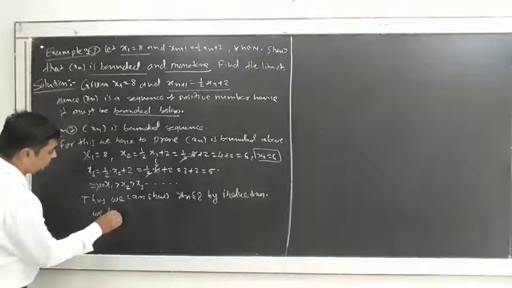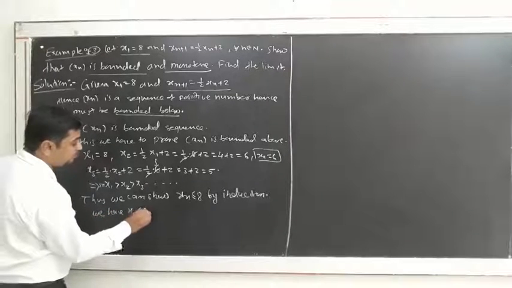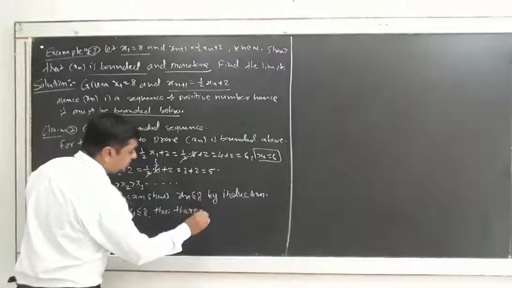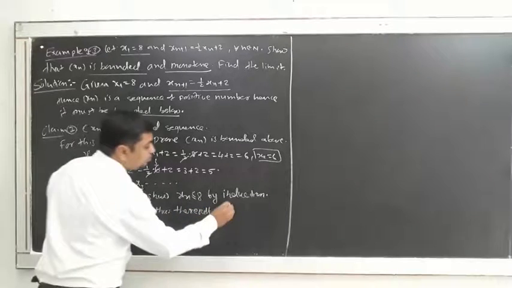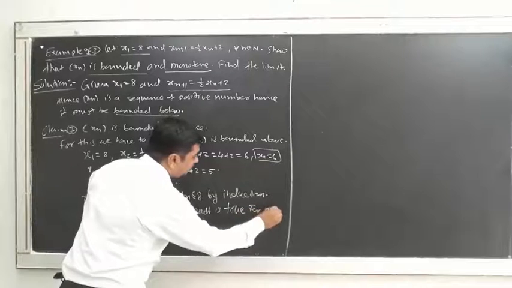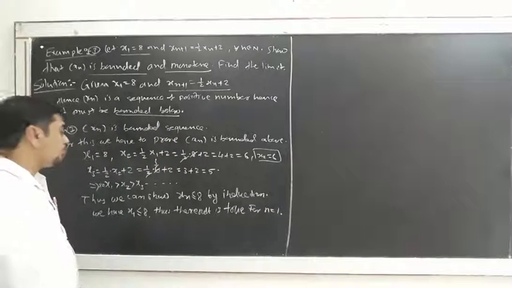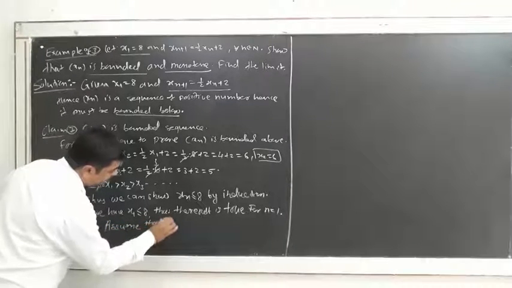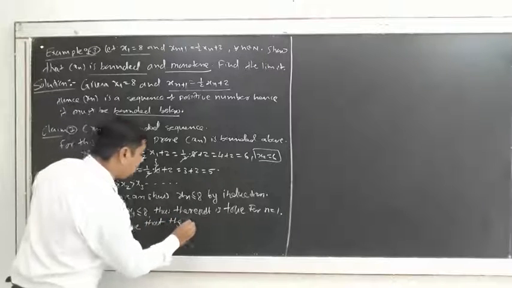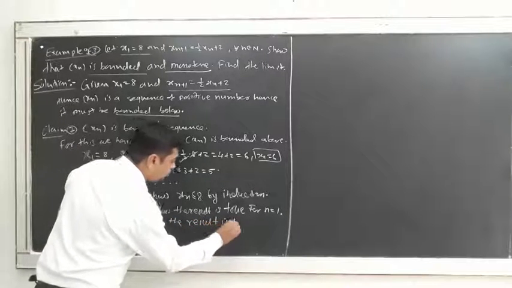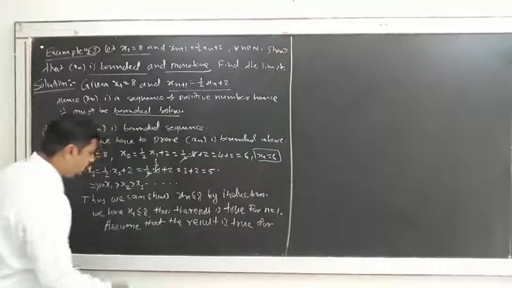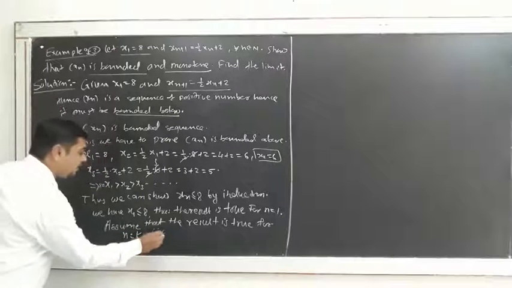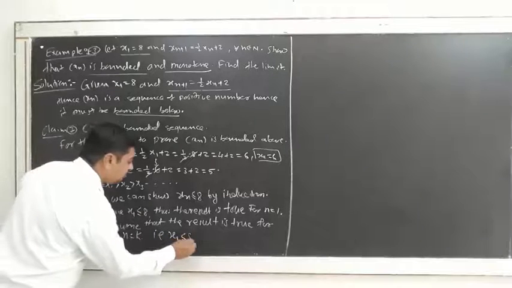We have x1 is less than or equal to 8. Thus the result is true for n is equal to 1. Now in the induction what we have to do? We have to assume that the result is true for n is equal to k, that is xk is less than or equal to 8.